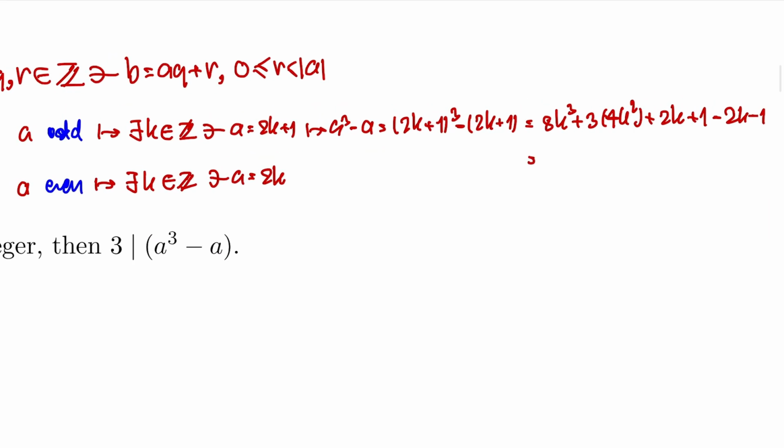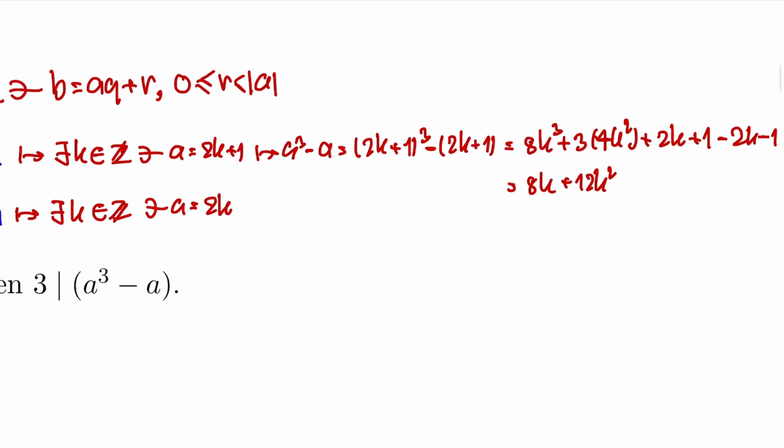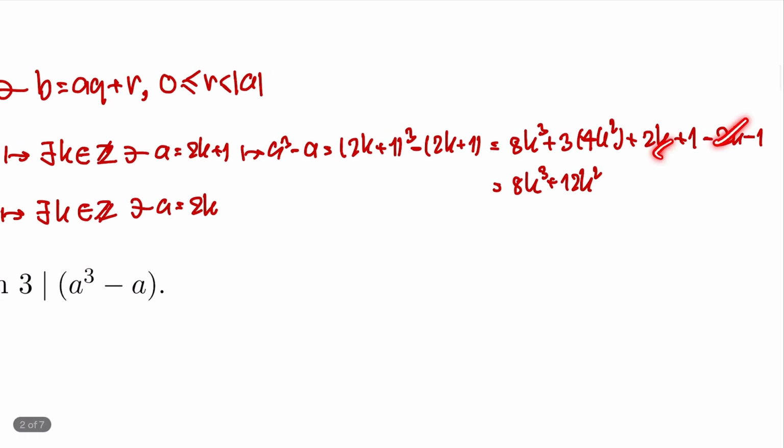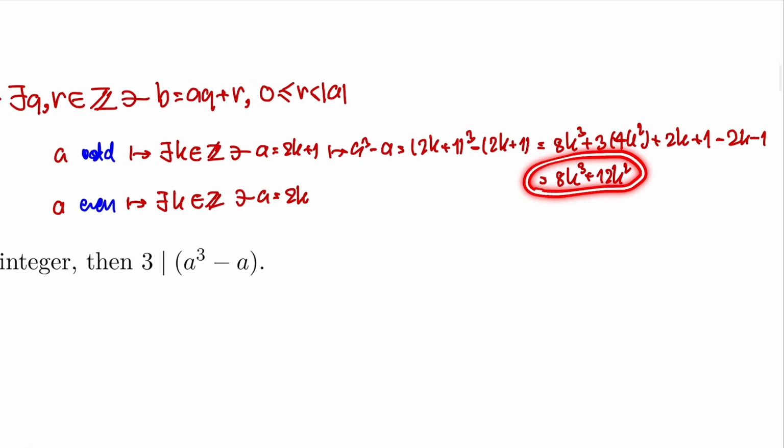Give me a second. Then it turns out to be 8k cubed plus 12k squared plus 4k. The 2k and the 1s cancel. So it turns out to be just like this. There's no way to show that 3 is a factor of a cubed minus a.